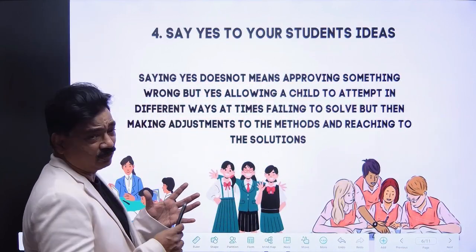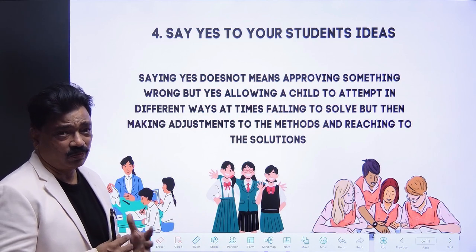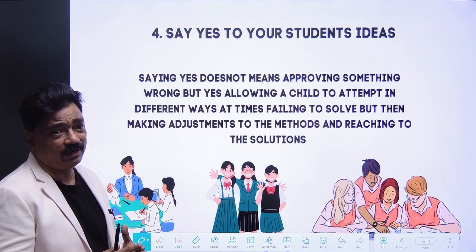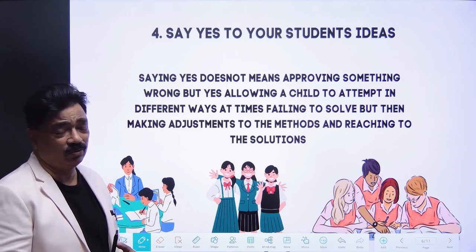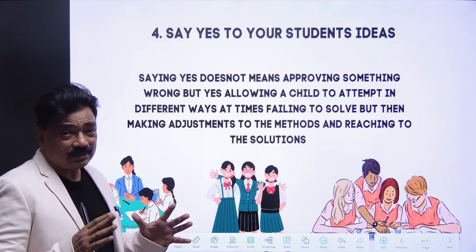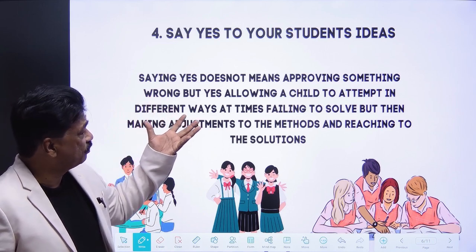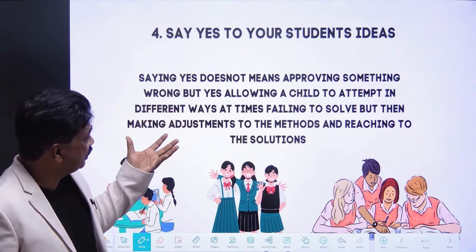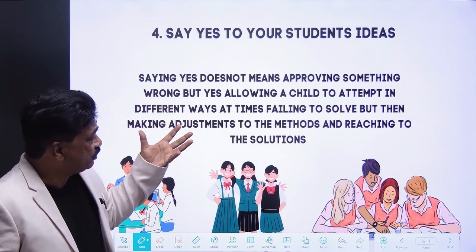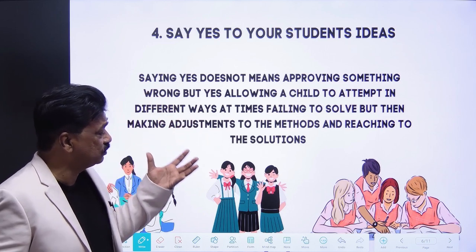The first thing was that you have to throw a question, the switch on and switch off technique, and then give children time to think, be innovative, and then say yes. Saying yes does not mean approving something wrong, but allowing a child to attempt in different ways, at times failing to solve, but then making adjustments to the methods and reaching the solution.